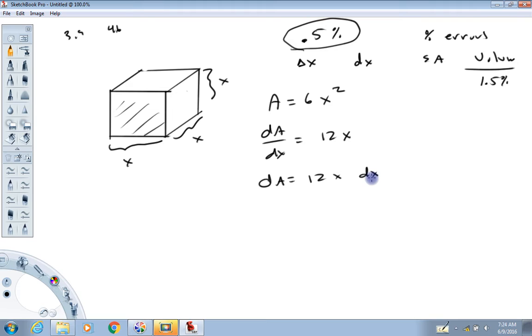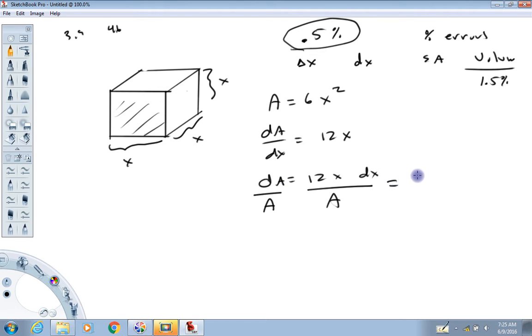Now again, what we're looking for is the percent error in the surface area. So I'm going to divide this by A, because change in A over A is going to give me the decimal percent change. I would have to multiply it by 100 before I can call it a percent, but that gives me the decimal first.